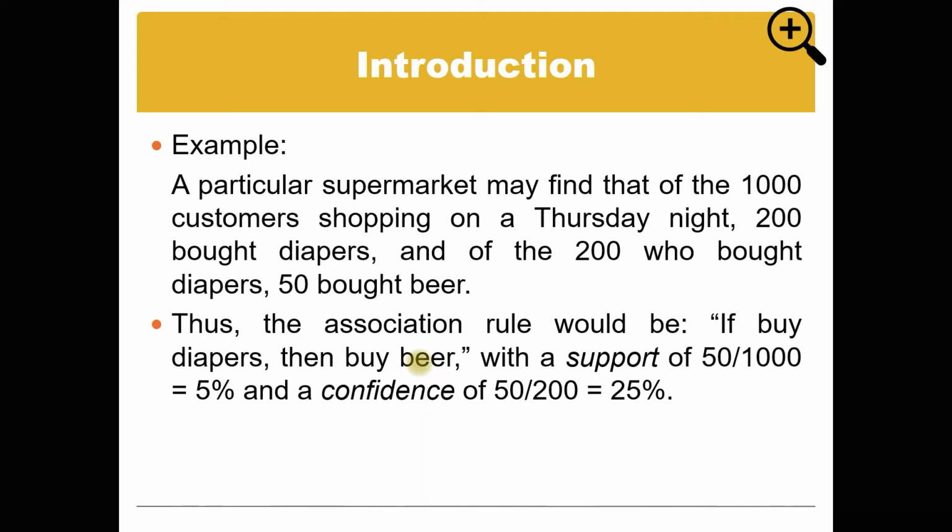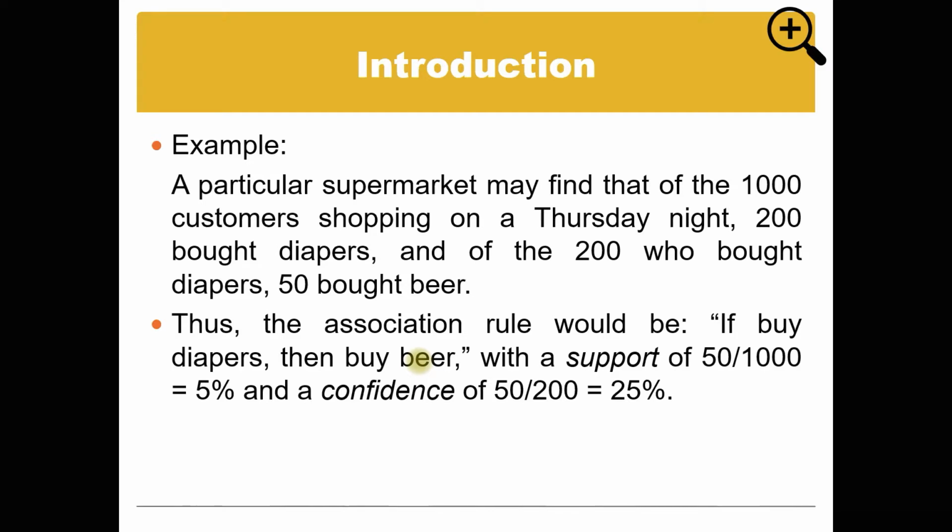So, if a person is in third class, then survive. With what probability? With what strength of this association? This is an example where you don't have items in a supermarket, but we are talking about other attributes. Okay, so that's something important to know.